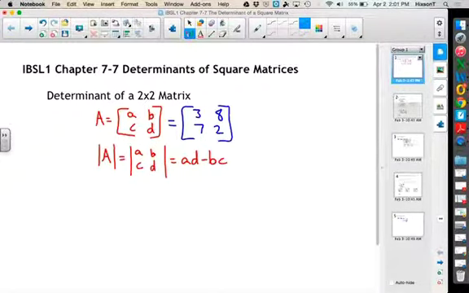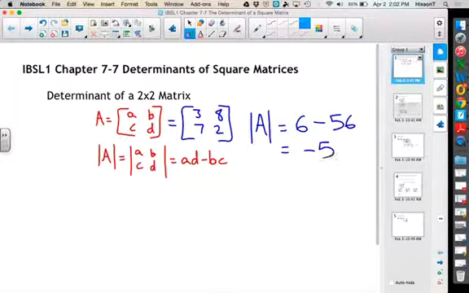So if we're doing AD minus BC to find the determinant of A, in this case we have 6 times 2, minus 5 times 8, which is 56. That gives us a negative 50 for the determinant. Remember, the determinant gives us a value, not a matrix. So that part is review.